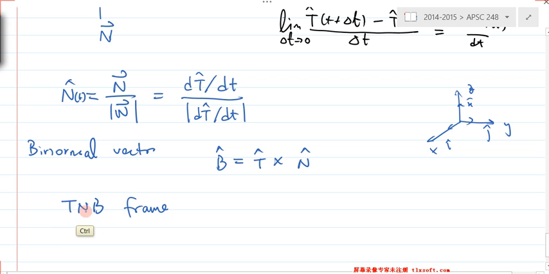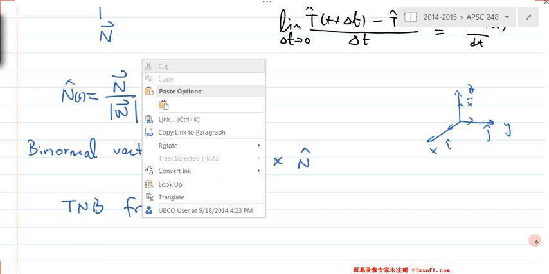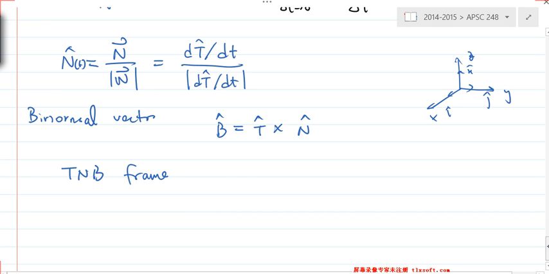So T cross N gives you B, and N cross B gives you T, like that. There's also a more sophisticated name given based on two mathematicians. It's called the Frenet frame, or maybe Frenet-Serret frame, something like that.